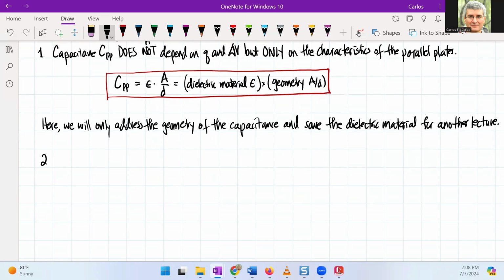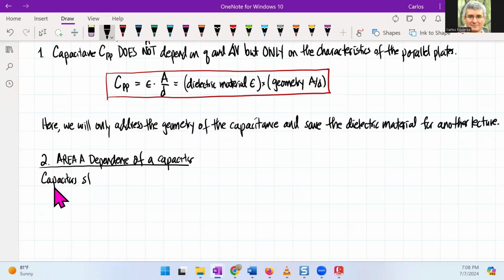So here we go, 2. So we're going to talk about the area, A, dependence of a capacitor. So as we've been saying, capacitors store electric charge.